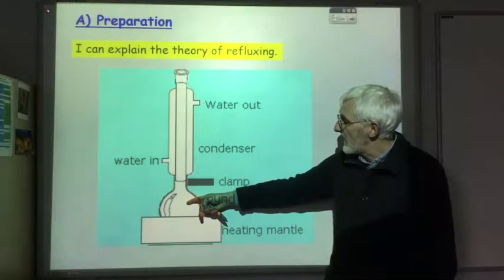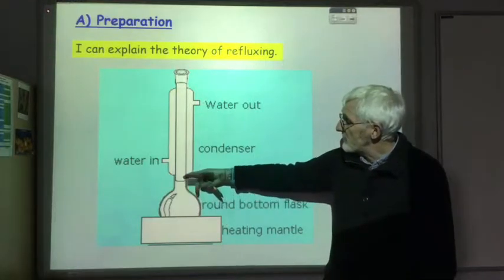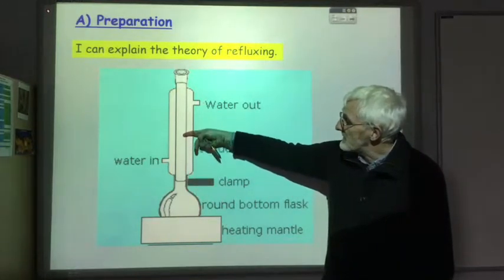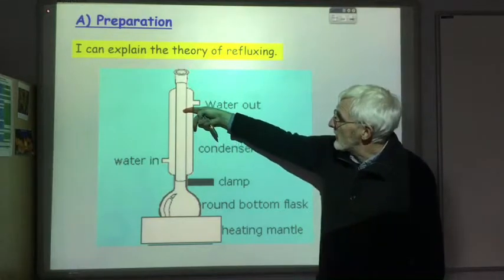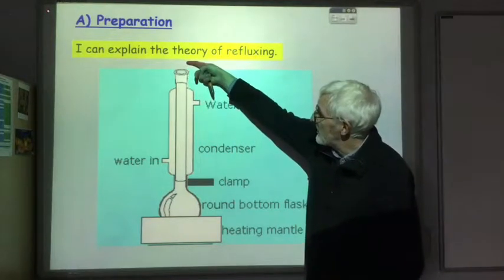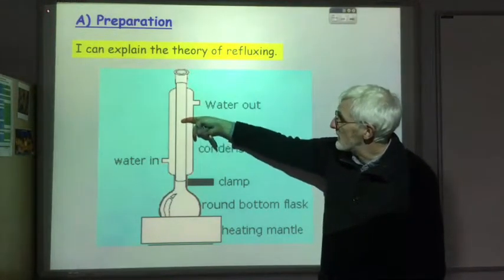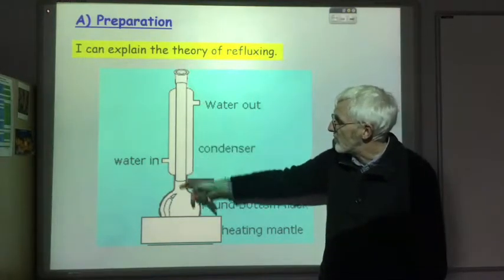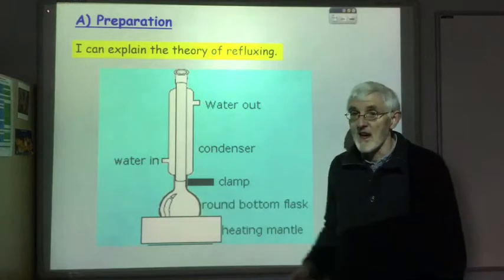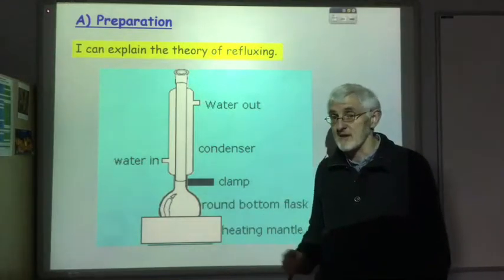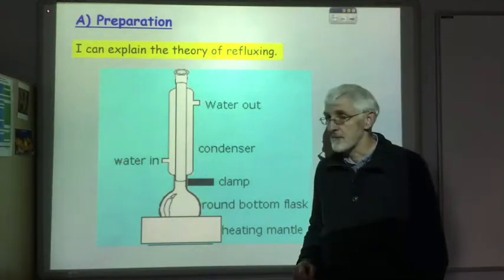So the gases that are formed as they go up the condenser will cool down before they escape from the top. So they'll cool down and condense back into a liquid and drop back down to the reaction mixture, hence minimising any losses due to evaporative losses.